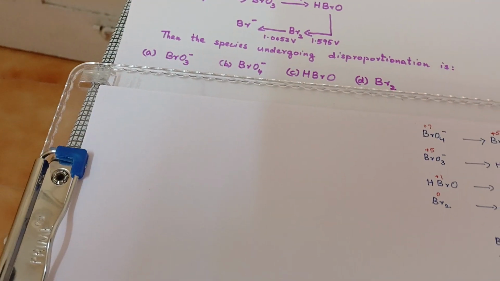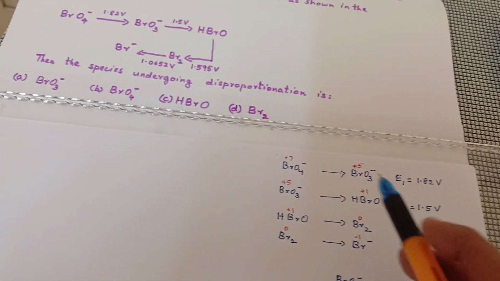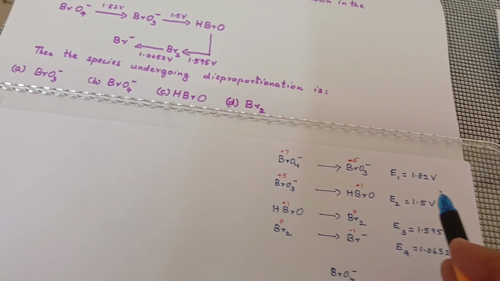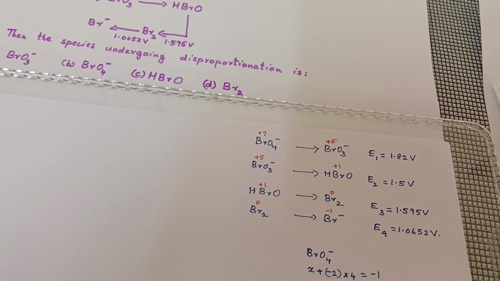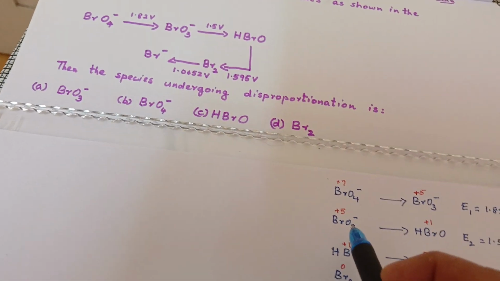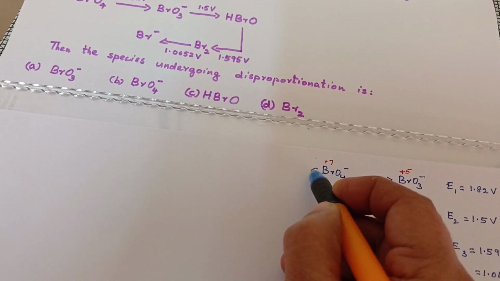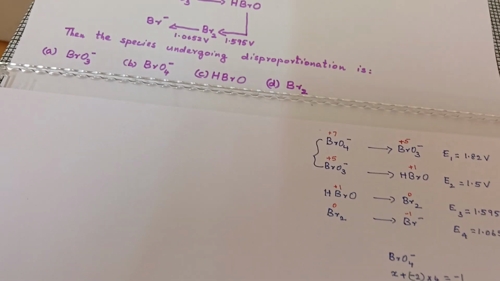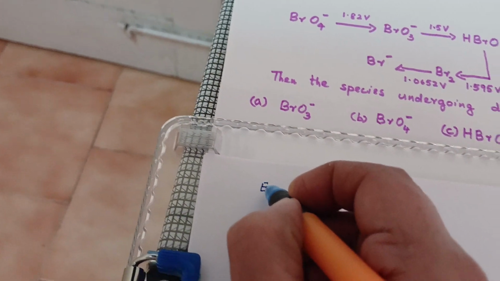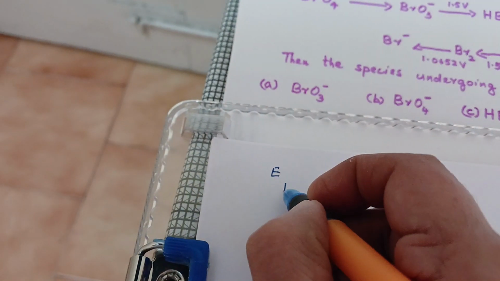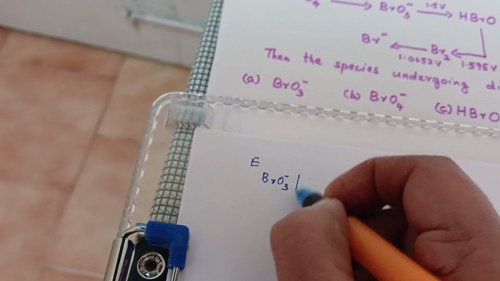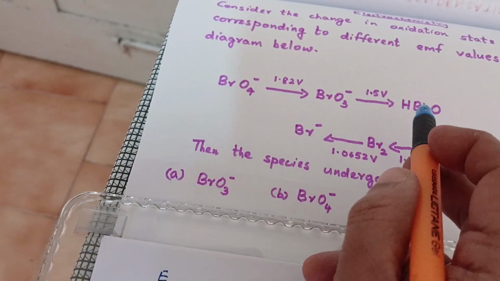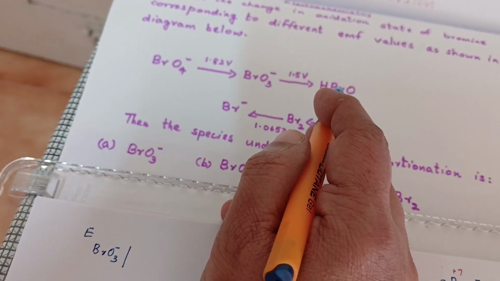Now we are given the EMFs associated with the change. So from this, let us identify cells. That is, say we can take this as a cell. So we can say BrO3 minus is changing to HBrO.